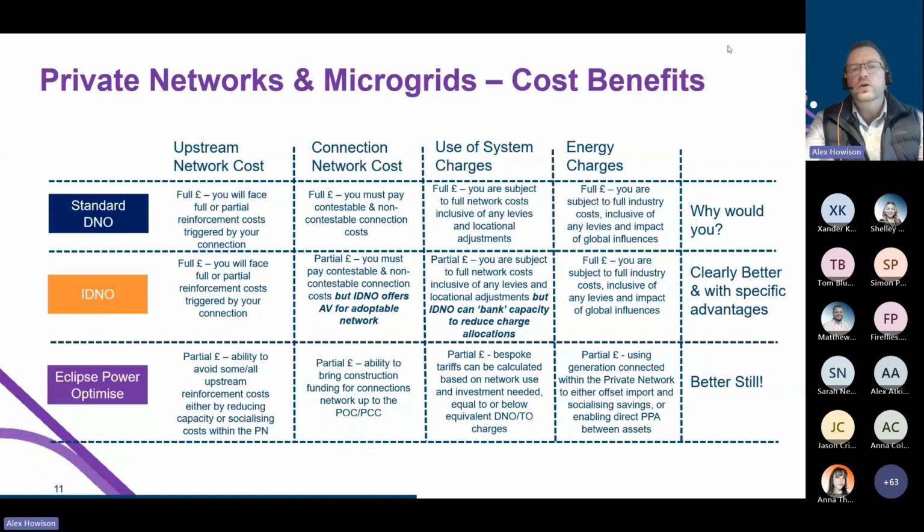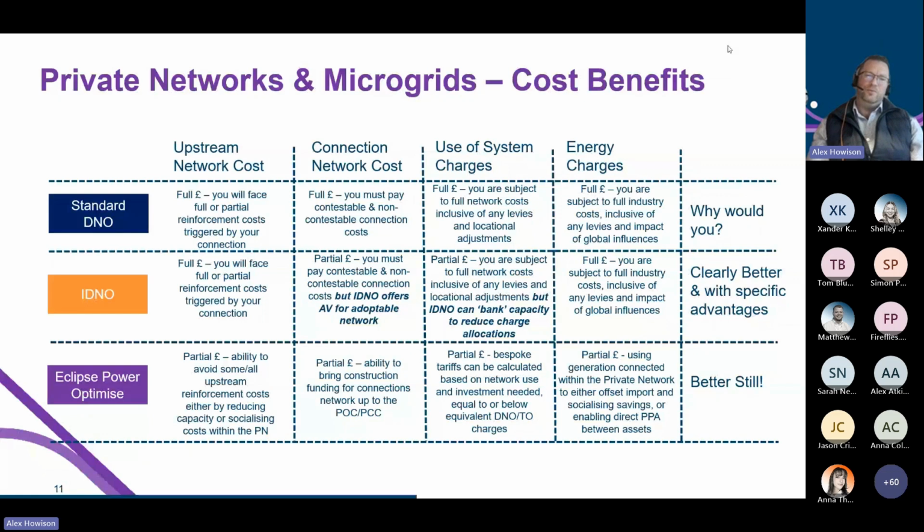So when you look at standard DNO connections, probably the greatest comparison, and probably one of the things that drives why you would still be looking at that option, is the fact that you pay a licensed network operator for a point of connection. You pay them for all the equipment, and then once you're connected, you pay them for the use of that equipment over the lifetime of your connection.